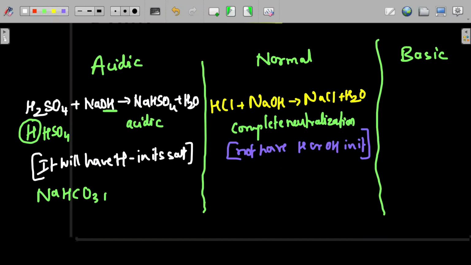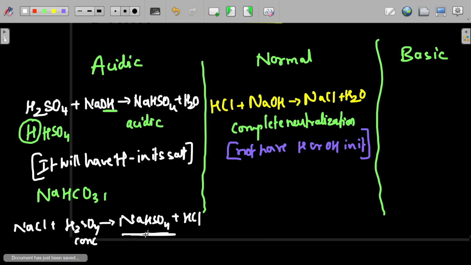It not necessarily should be between acid and base. Like in the laboratory preparation of HCl, we are taking NaCl and concentrated sulfuric acid for that particular reaction. In that case also you're getting one salt, that is NaHSO4, when you're doing it below 200, plus HCl. So if they ask what kind of salt this is, it is an acidic salt.